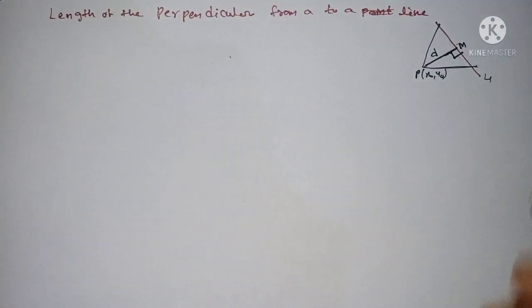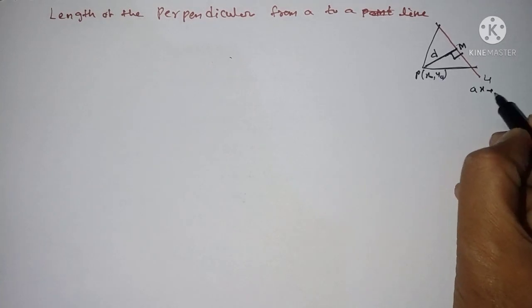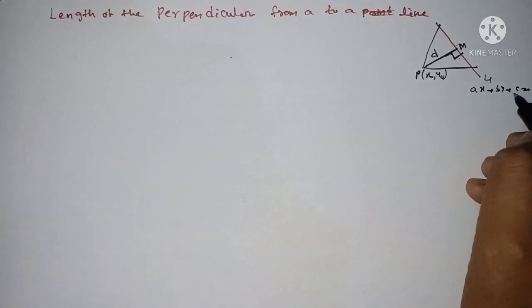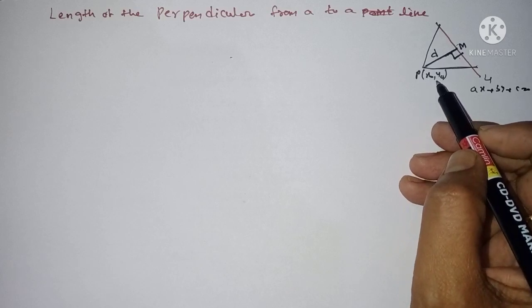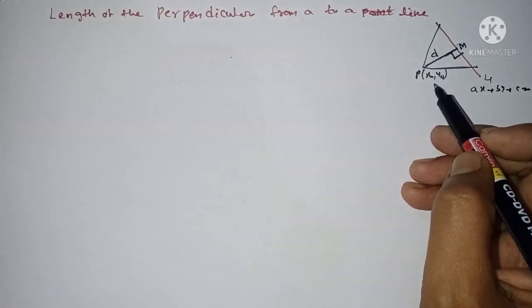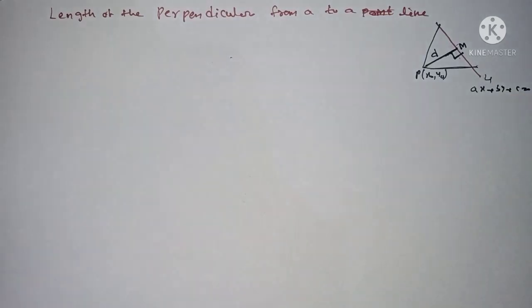How to find it: given the line equation ax plus by plus c is equal to 0, and the point P of x0 comma y0, find the perpendicular distance D. What is the formula?